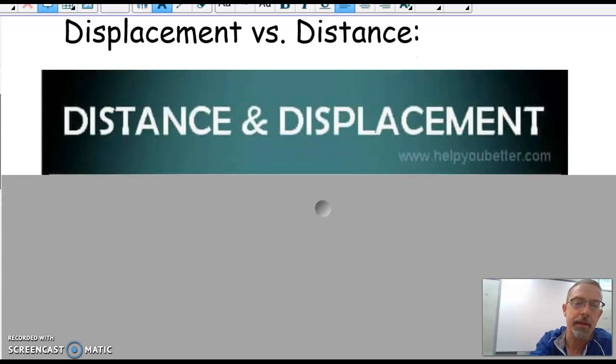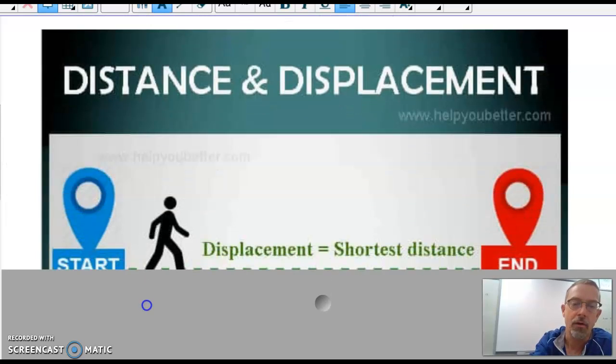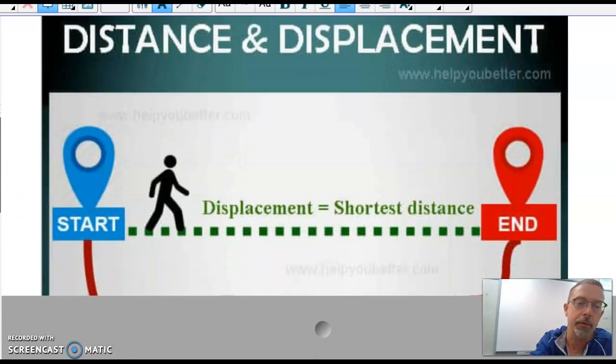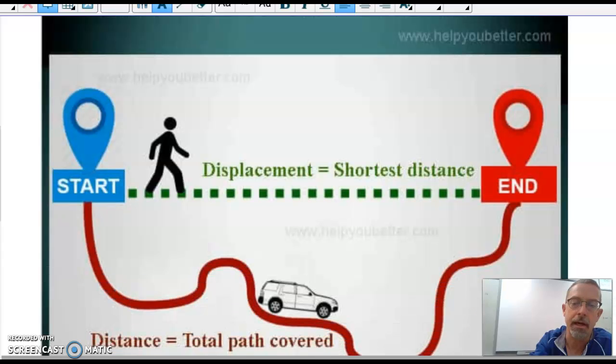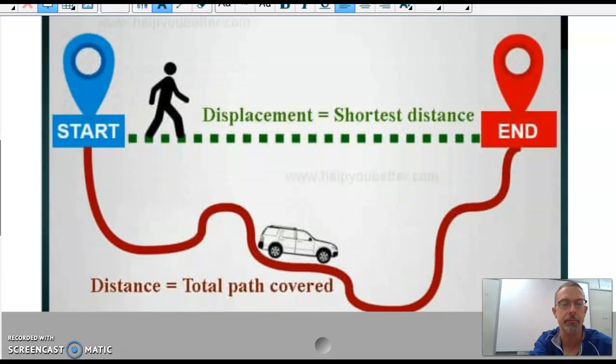Let's say that I take a wandering path here, and I head in this fashion that you see here. The distance is going to be this total path that I am covering. In this case, this total path follows this line along here. That is going to be my distance.